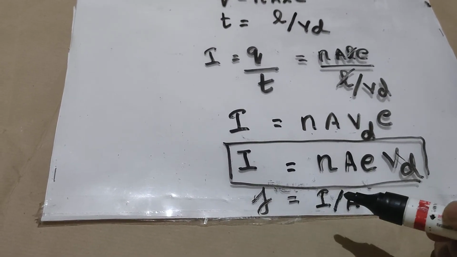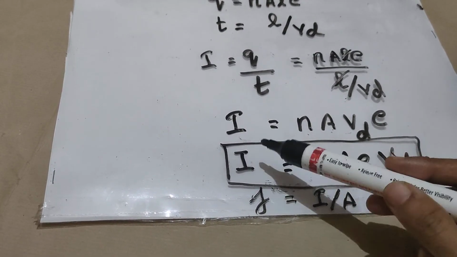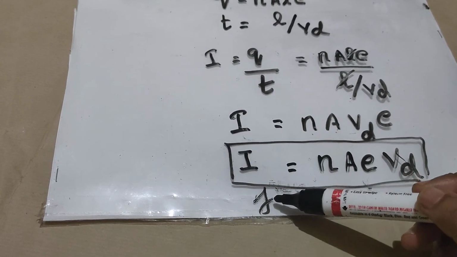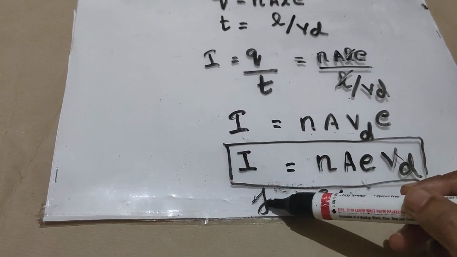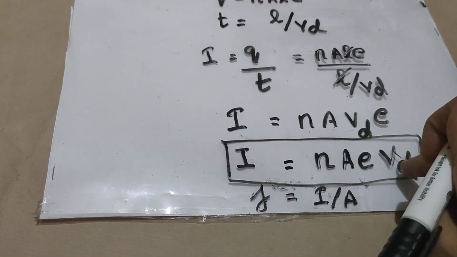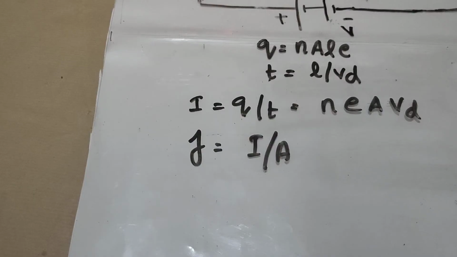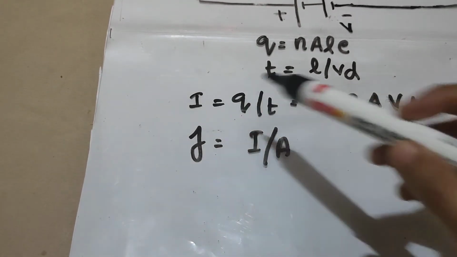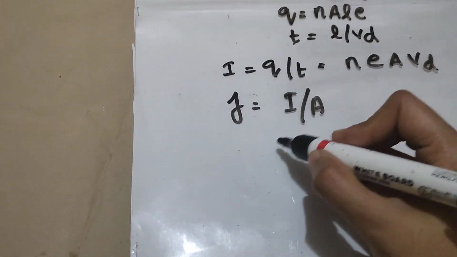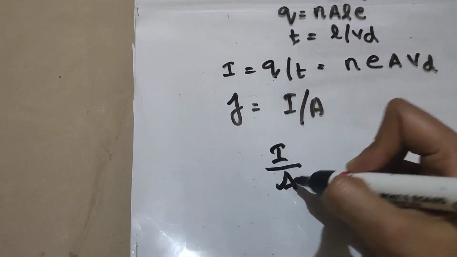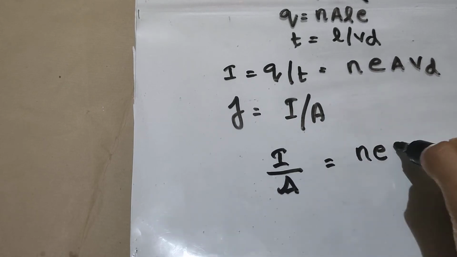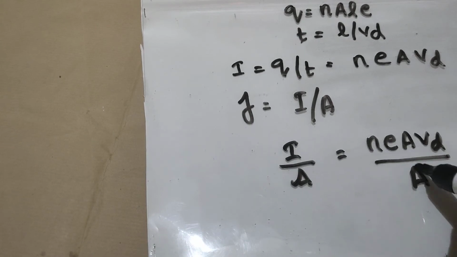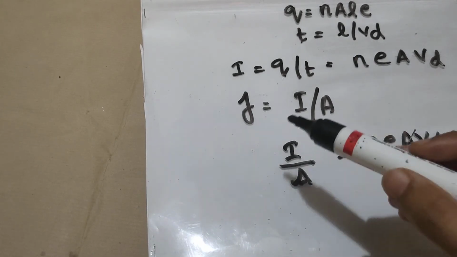So from this equation we can also find a relation for J. Take this equation and divide it by A. We can write I by A is equal to neAVd by A. Here A gets cancelled, and what is I by A?